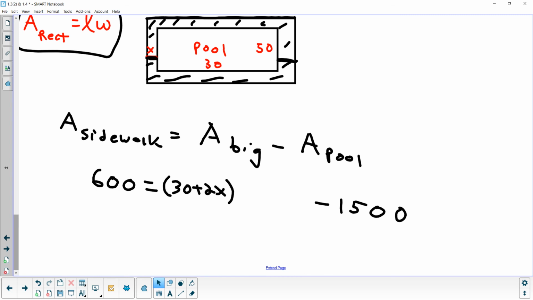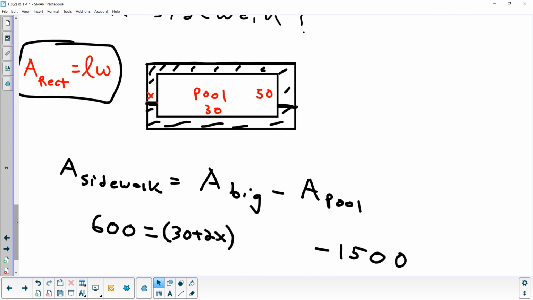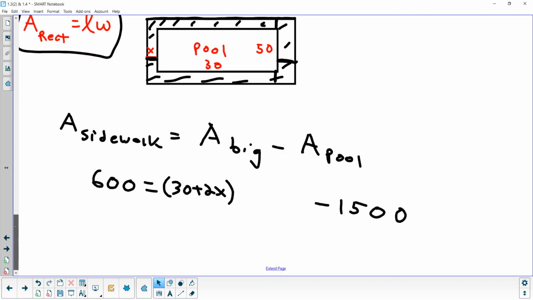And likewise, my width would be, well, we did them in reverse, but that's okay. So 30 plus 2x, I meant to say length, I did width. But now 50 plus x is my width. Okay, so 50, x, and x.